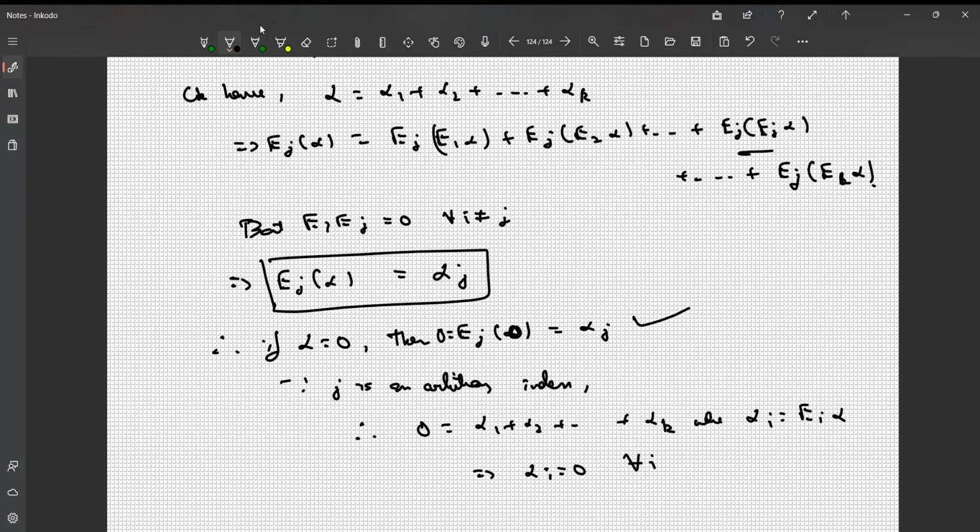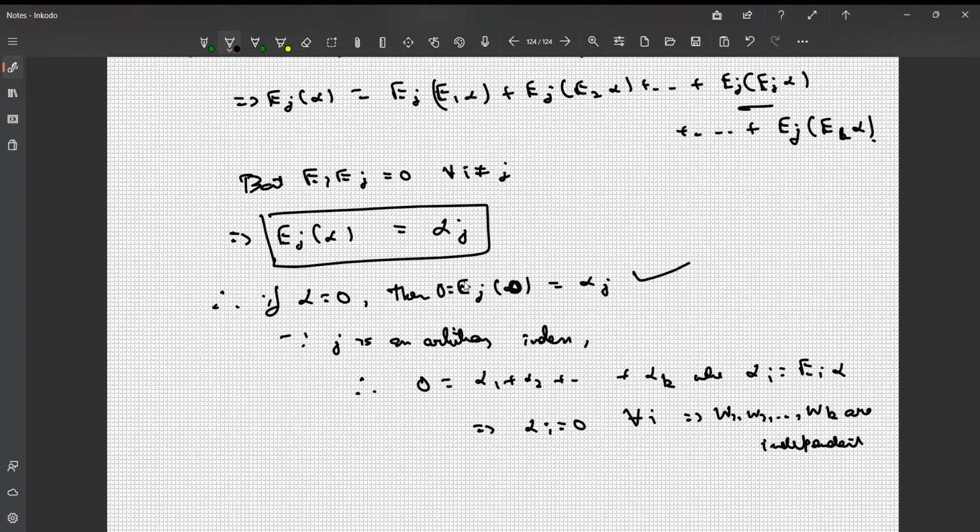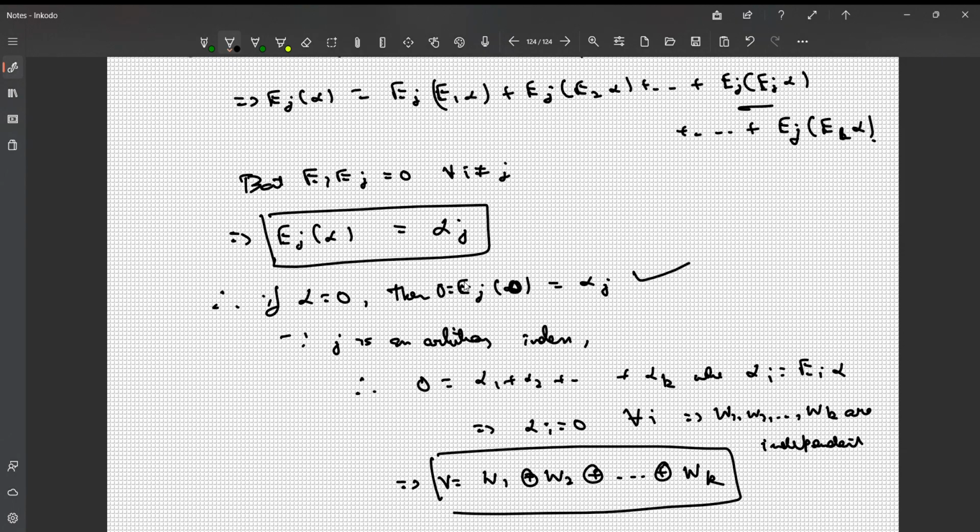And repeating the process, we will get alpha i to be 0 for all the i's. Right? So this implies W1, W2 till Wk are independent. So we have V as a sum of these subspaces and they are independent. So that implies V is a direct sum of these subspaces W1 till Wk. That is what we required to prove. Is it clear?